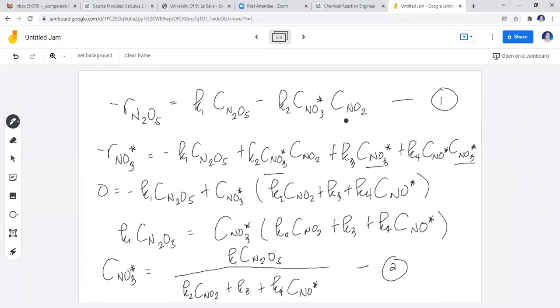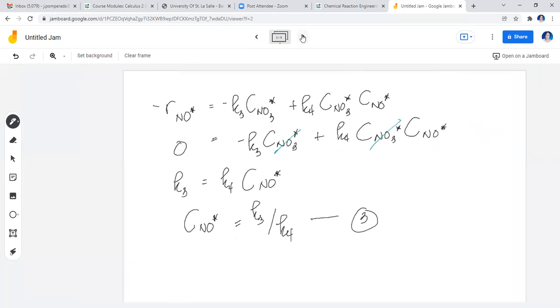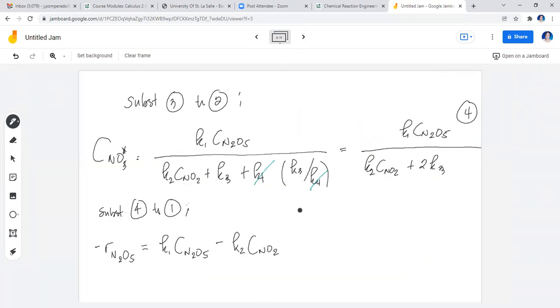So minus K2 C NO2, this one, I will replace by our equation 4. Okay, so I will multiply this by K1 C N2O5. Oh, sorry. Then we have K2 C NO2 plus 2 K3. Okay, you have something like that.